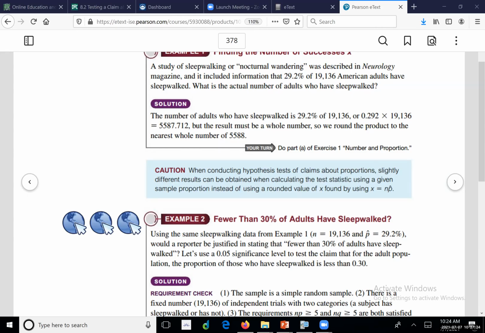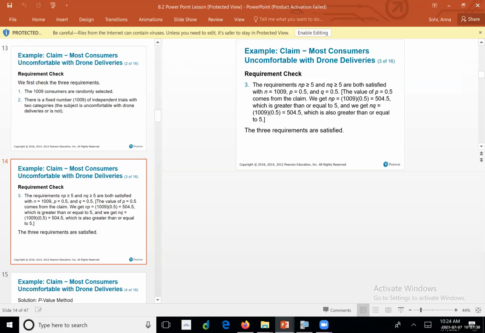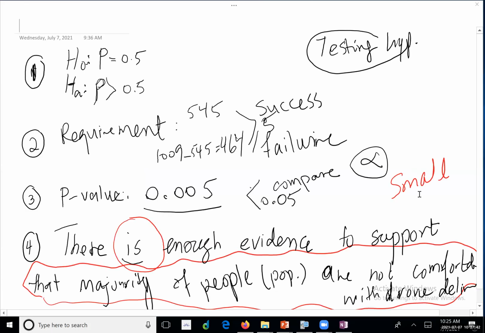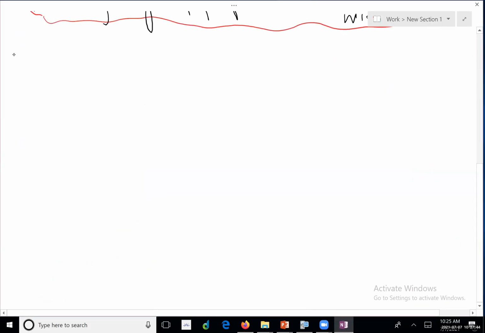So let's just, you write null hypothesis, alternative hypothesis. You make sure the failure and success are both greater than 5. So here we go. Let me use OneNote for this one because writing on the screen is not my favorite. Okay, so here it is.